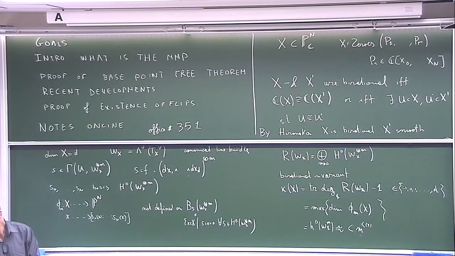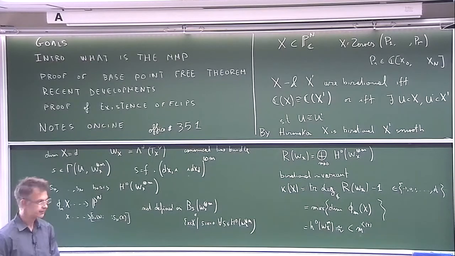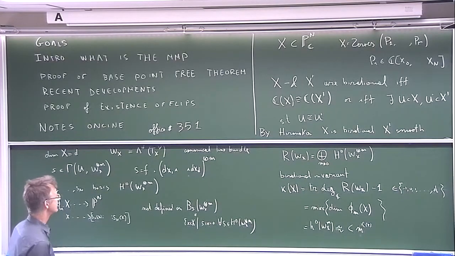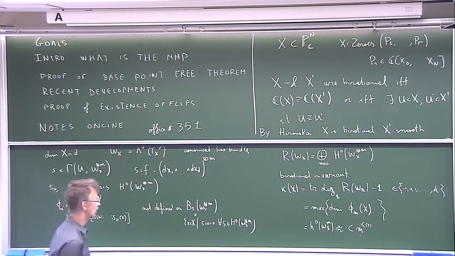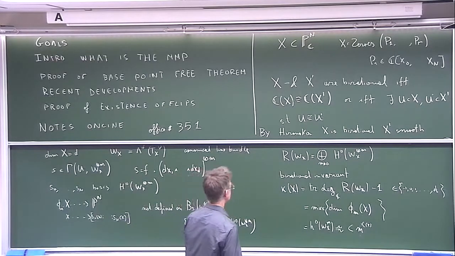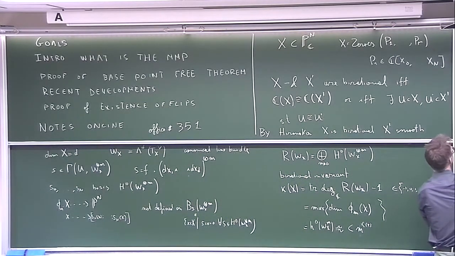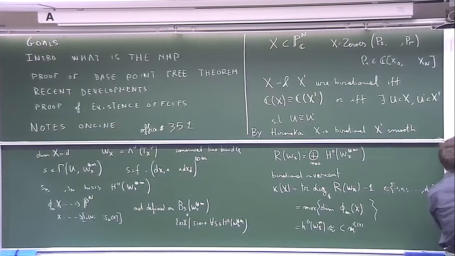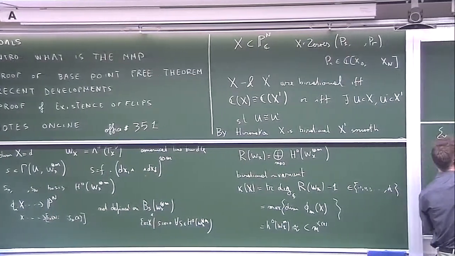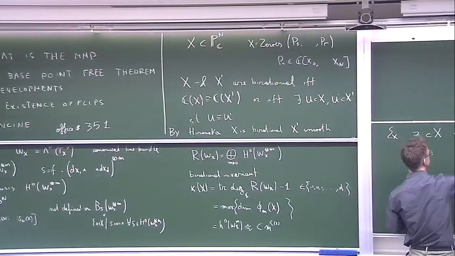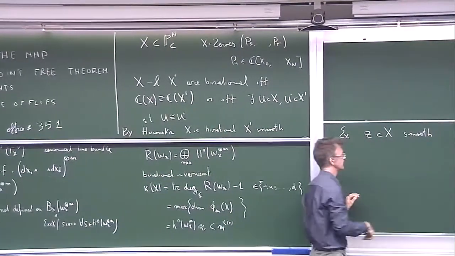Okay, so what's the easiest possible kind of birational equivalence? A typical example of birational equivalence: you could have z contained in x, where both of these are smooth, so a smooth subvariety of a variety.